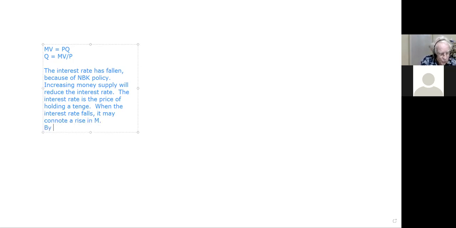And when money supply increases, output will increase as well. There's a direct relationship here between money and output, if we hold constant velocity and the price level.